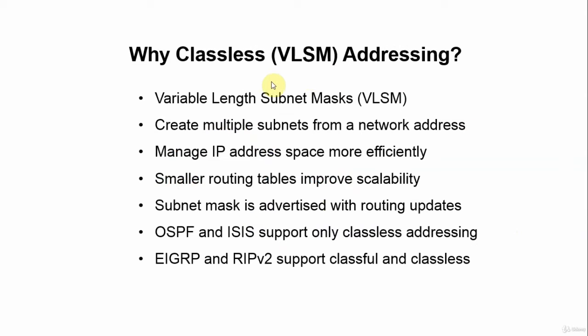So on to classless VLSM. This is variable length subnet mask. So now the addressing uses variable length subnet mask. You don't have to use the default mask. You can move that subnet mask to the left or to the right. And so what it does, it creates multiple subnets from a network address.